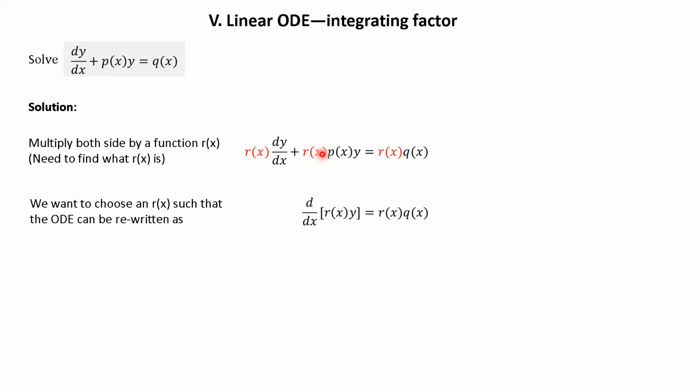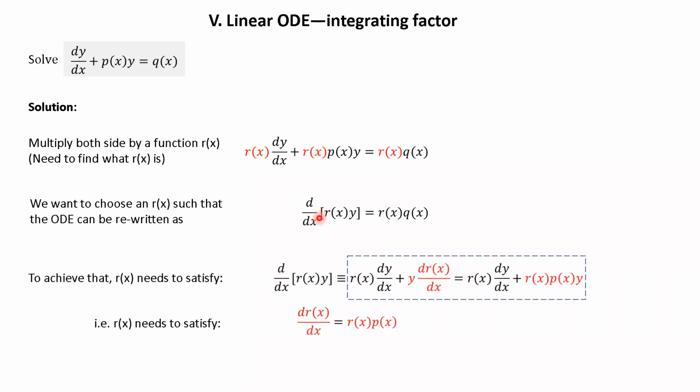But if that has to be satisfied, then this term here, if I actually use the product rule, I will get this. That means these two terms have to be equal to these two terms here. So we compare the two terms on the left hand side and the two terms on the right hand side.